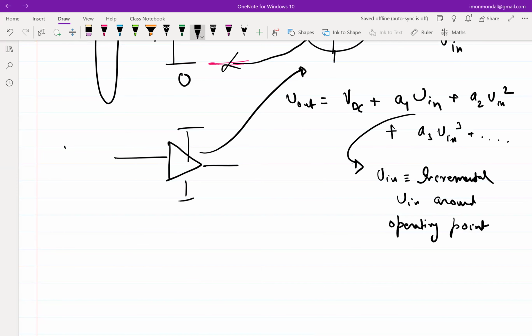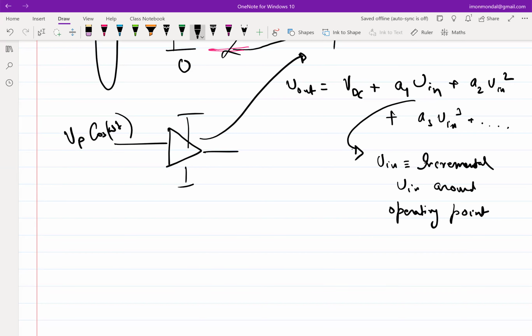So if the input is, let's say, VP cosine omega t, what will your output be? Your V out will clearly have a DC term, which is VDC.